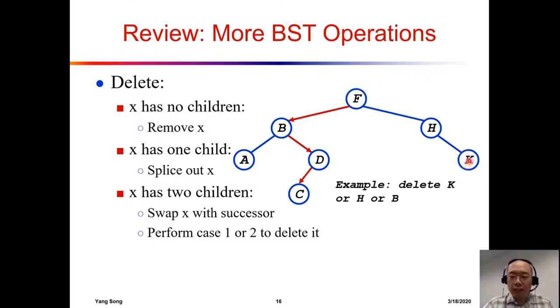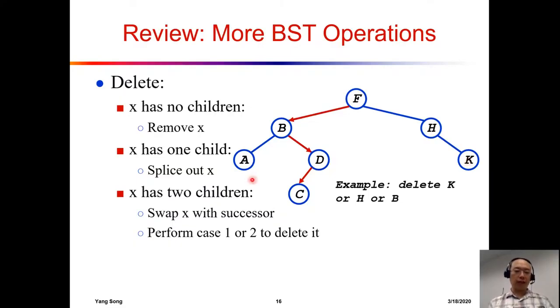Otherwise put, this node K itself is a leaf. If you want to delete a leaf, you just throw that away and tell the parent H, hey, from now on you have no right child K anymore. So just detach K from H and then throw away the node K, and then the first case is done.